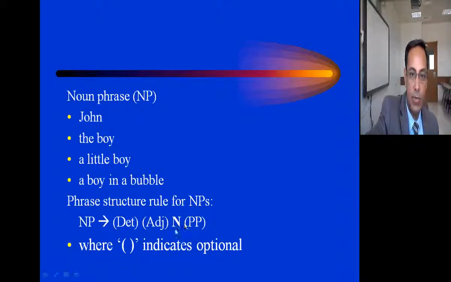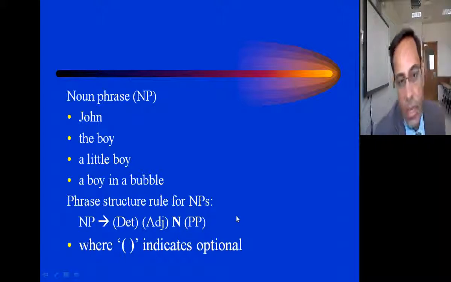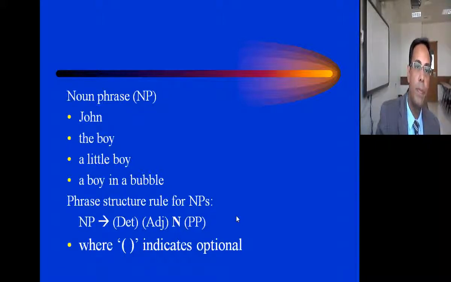If it has a determiner and noun, for example, the boy, it will be determiner plus noun. If it has an adjective, such as a little boy. And if it has a prepositional phrase, a boy in a bubble, in a bubble will be the prepositional phrase. So this is the way we write these phrase structure rules. It's easy.